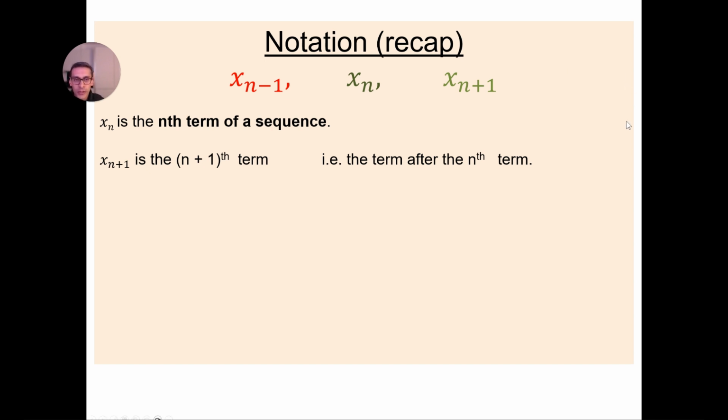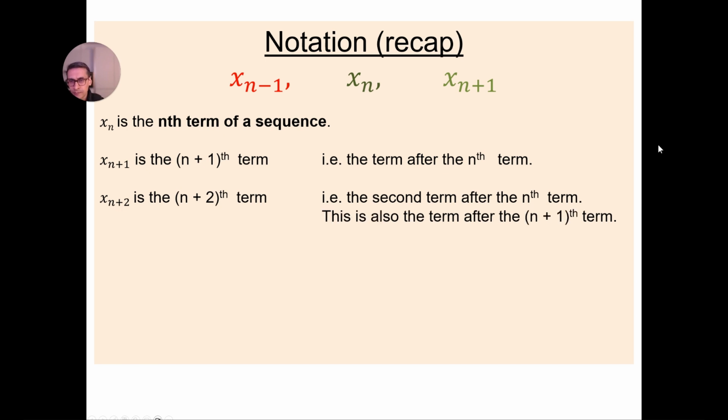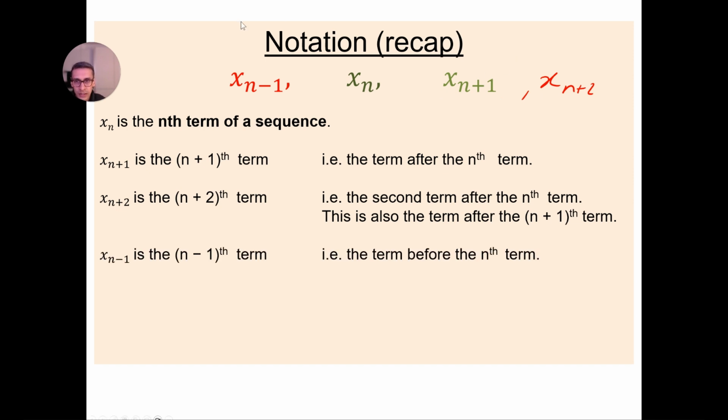And then you can also have xn minus 1, which would be the previous term, or you can continue going in this direction. You can have xn plus 2 and so on. And this is a way of labeling the order in a sequence.